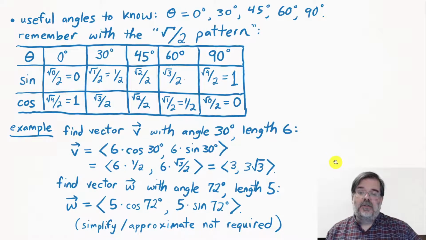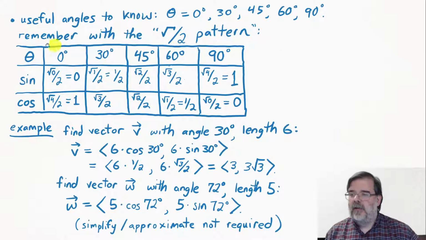Now, it'll be useful to know some of the basic angles. Right, I'm thinking of the angles in the first quadrant. X and Y are both positive. The most popular angles are 0 degrees, 30 degrees, 45 degrees, 60 degrees, and 90 degrees. The way I like to remember these is by creating this little table, and they follow something I call the square root all over 2 pattern.